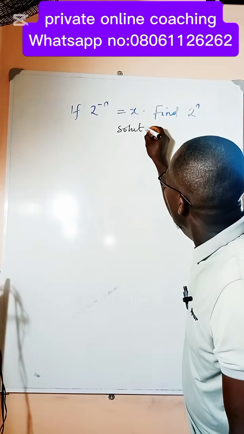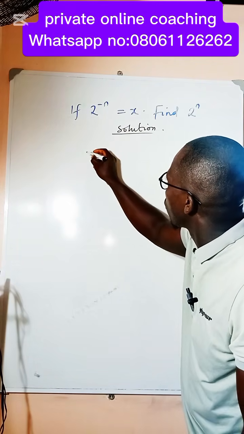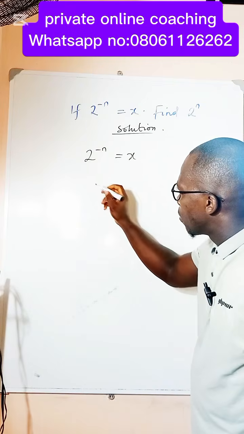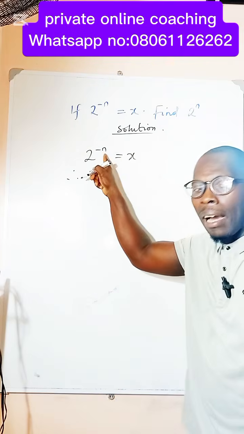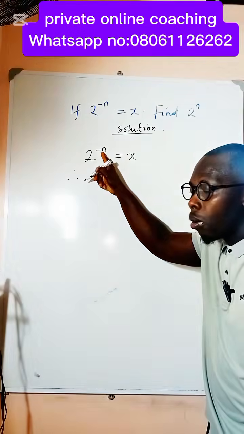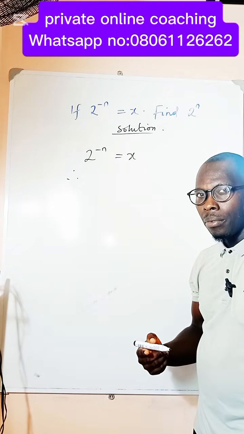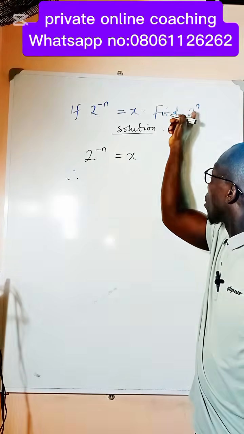So, the solution: we have 2 to the power of negative n is equal to x. Therefore, I can decide to multiply the exponent by negative 1, so that I can still have 2 to the power of n.